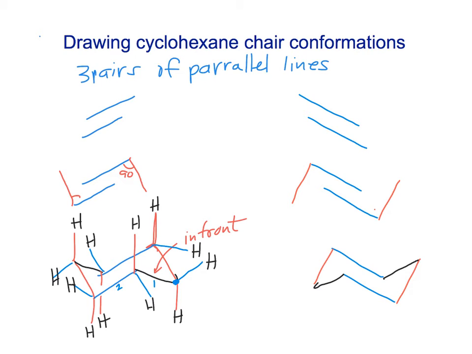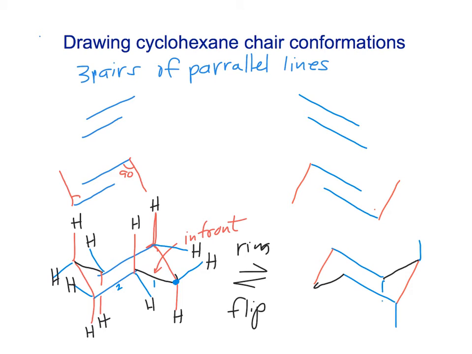Now, an interesting thing happens, like we saw in the video, when we do this ring flip: all of the bonds that were axial in the first structure become equatorial, and all of the equatorial bonds become axial. All right, so now our axial bonds are going to be in blue.